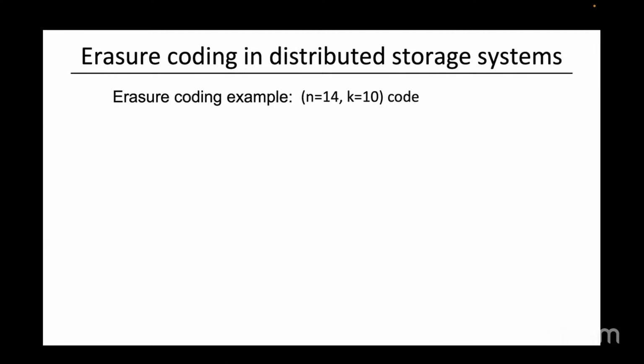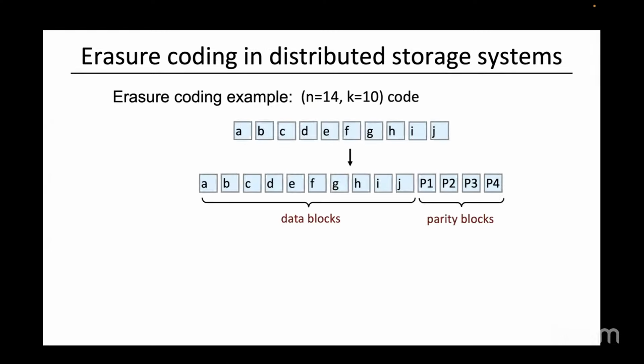In a storage system, let's take a concrete example so that we have a visual in mind. If it is an n equal to 14, k equal to 10 code, which is a real set of parameters used in practice in many industrial storage systems, you start with 10 message symbols or 10 data chunks, and then 4 parity chunks.